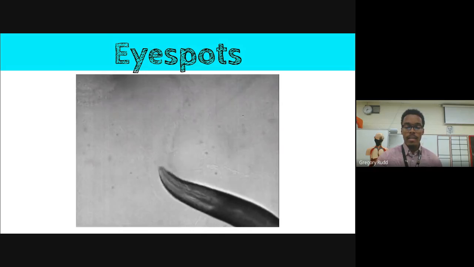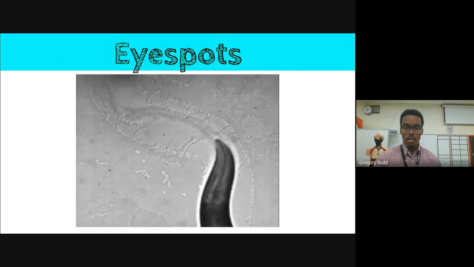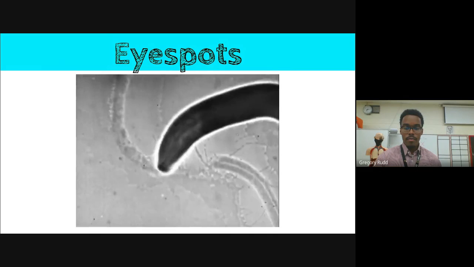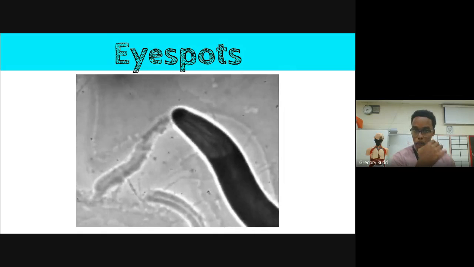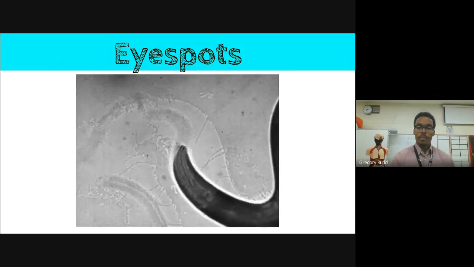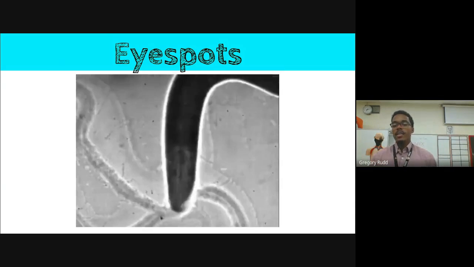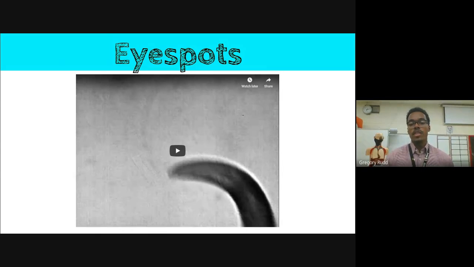It doesn't like the light. Okay, so these eye spots are collections of proteins that allow organisms to detect light. They're essentially eyes, but they're very, very rudimentary. No color, no depth, no shape. All you can tell is is there light, yes or no?